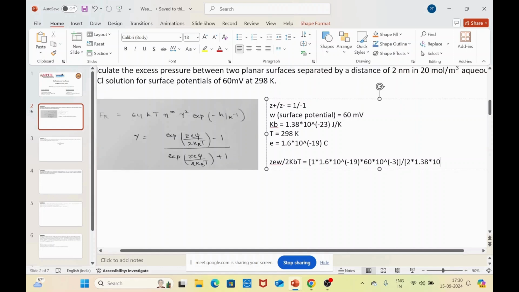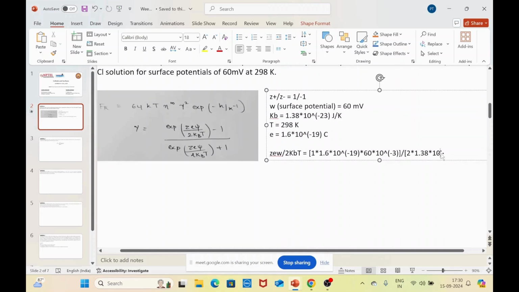Boltzmann's constant, I'm going to take it as 1.38 into 10 to the power minus 23, because in your assignment it is given more precisely as 1.3807. Both are close and fine to use. T is 298. Let me just calculate and tell you.